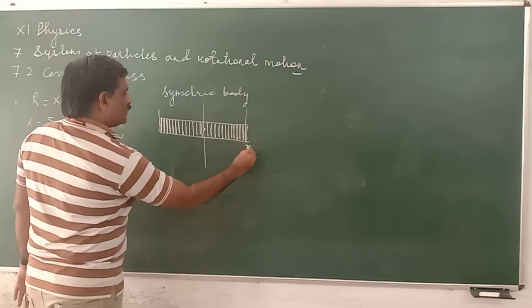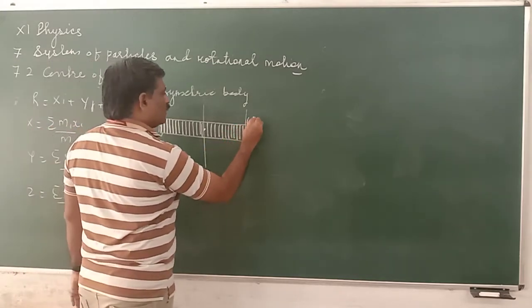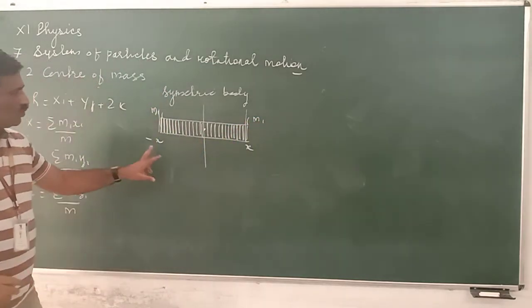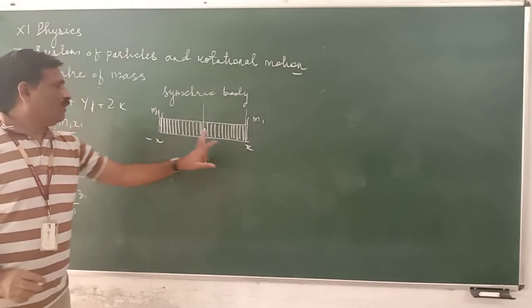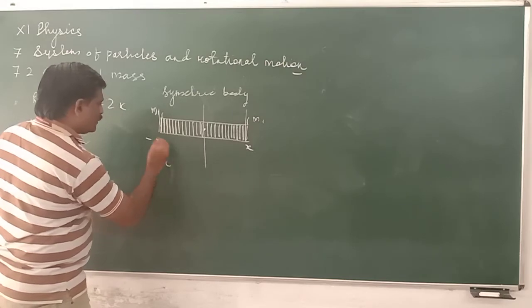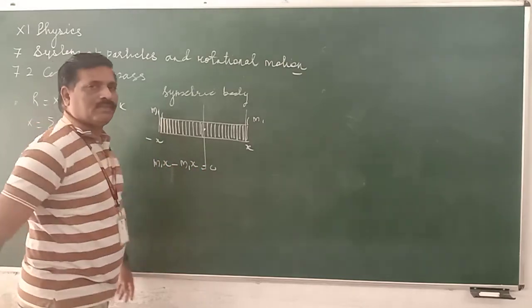This is at x. This is at minus x. So its mass is m1 and its mass is also m1. So they compensate each other. When I take m1x, this comes minus m1x, which becomes 0.